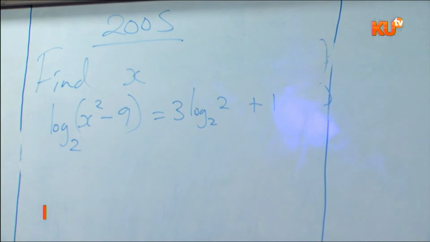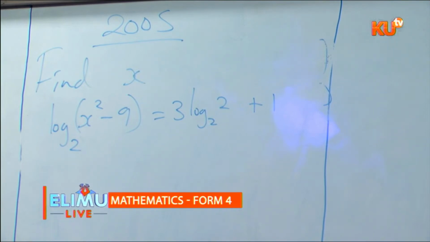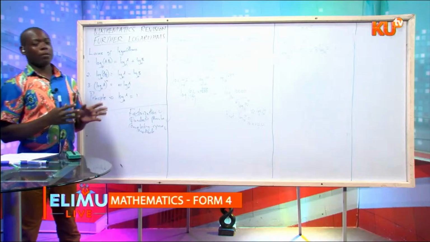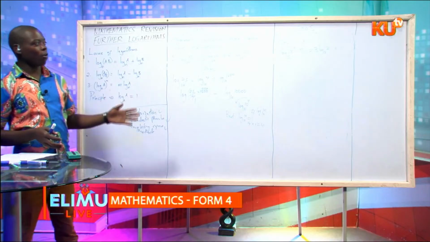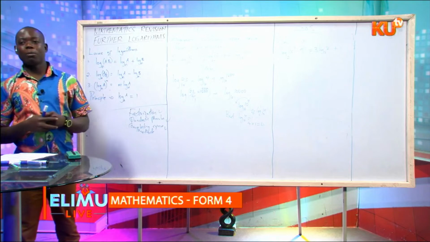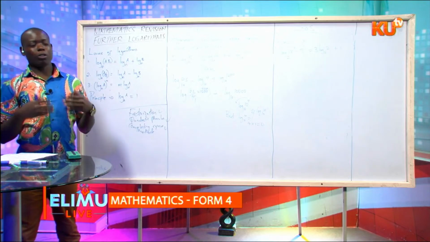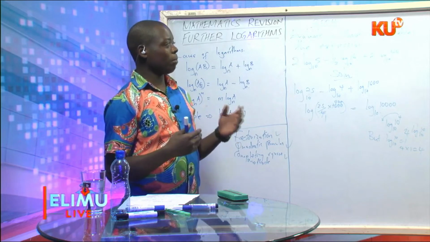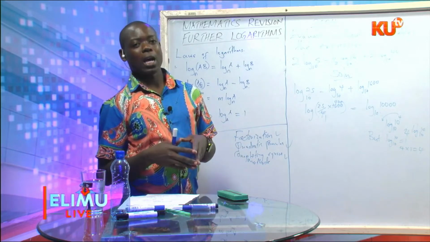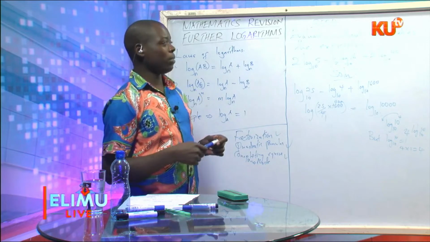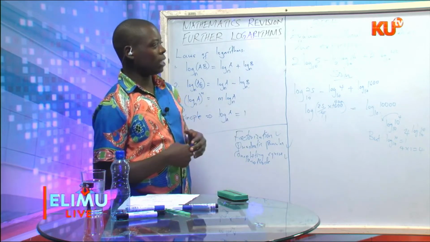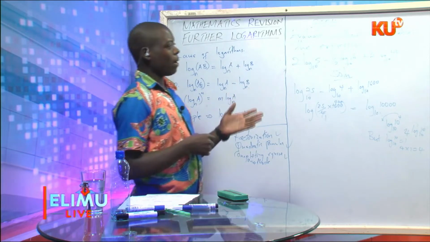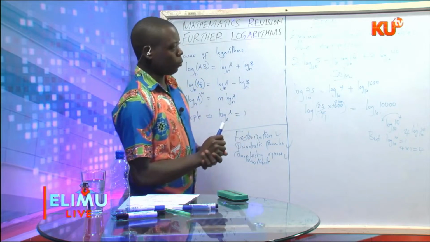So the change in 2005 is that we are introduced to a different base apart from base 10, because all along we've been working out logarithms to base 10. But now in 2005 onwards, we are given exposure to questions that are of a different base apart from 10. And that is why we have the case for log of these numbers which are given to base 2.